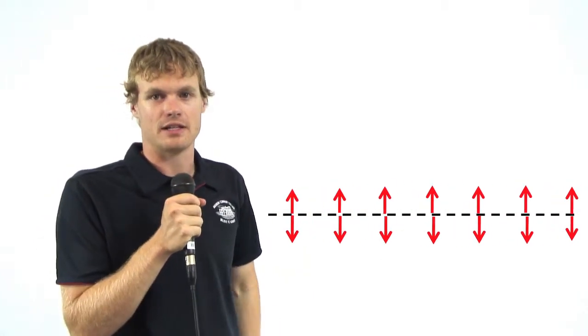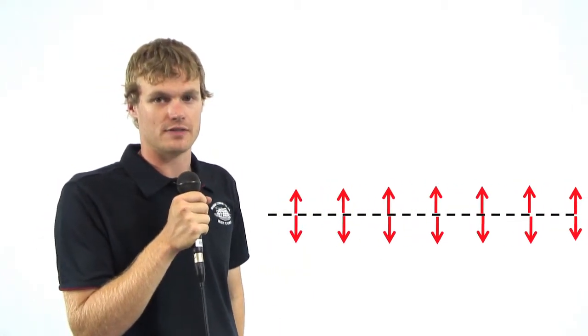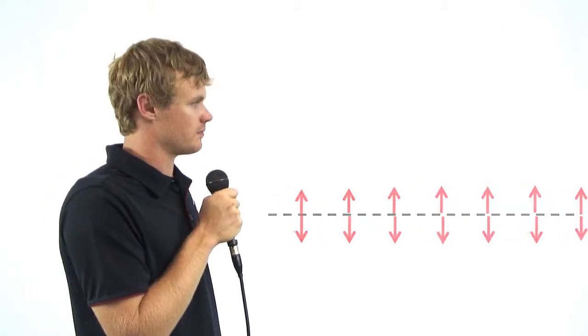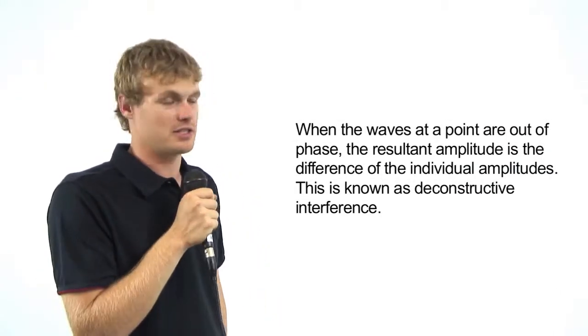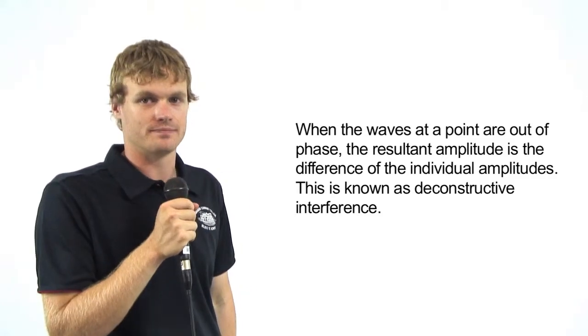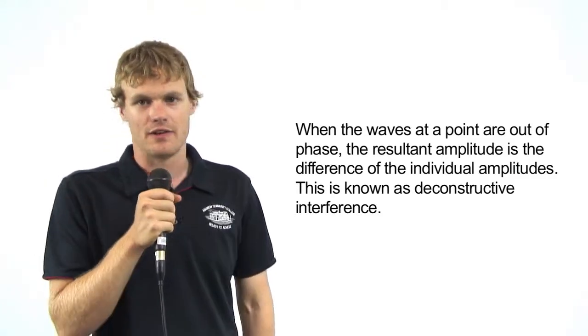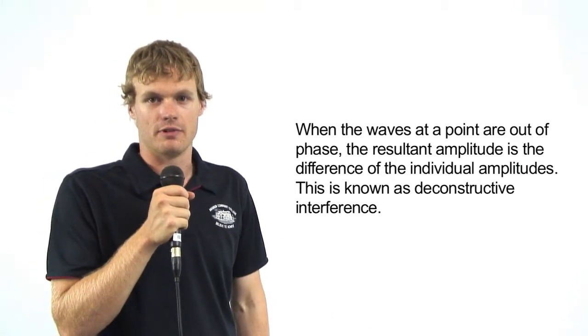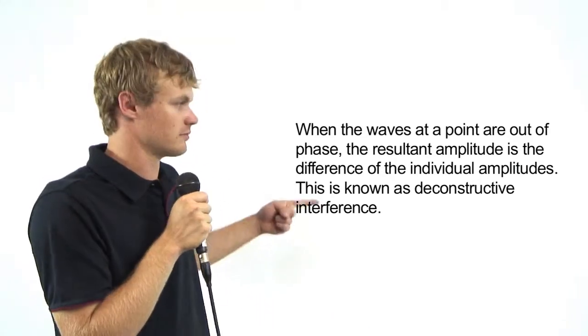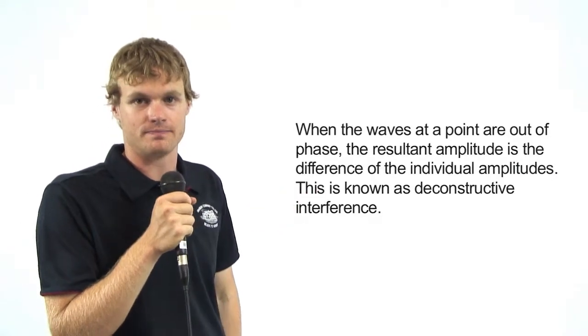We have complete deconstructive interference of the waves. So, from these two waves, we can see that deconstructive interference happens when our two waves are out of phase. Depending on how much out of phase would depend on how much deconstructive interference we get. But deconstructive interference leads to the reduction of the amplitude of the waves and can also lead to complete annulment of waves.